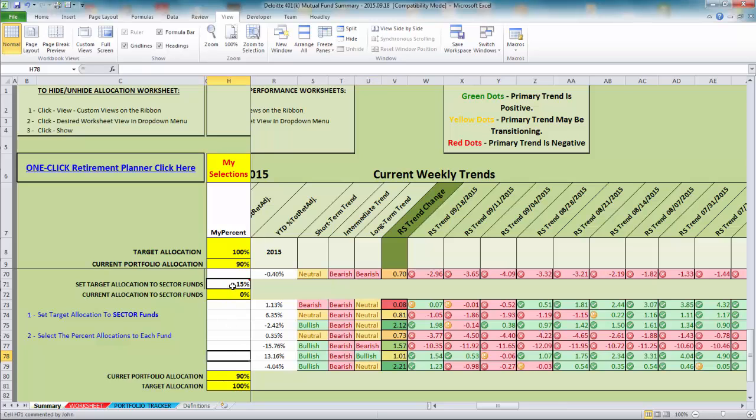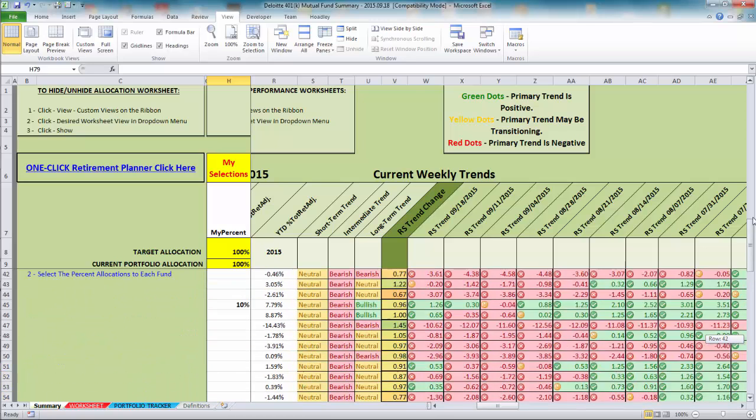We'd like to have a 15% allocation into this group of sector funds. So what we'll do with this first fund is let's take that 10% that we took out of the money market, and we'll put that into the sector fund called the U.S. Healthcare Fund. Those are the only two funds that we're showing buy lights at this point.